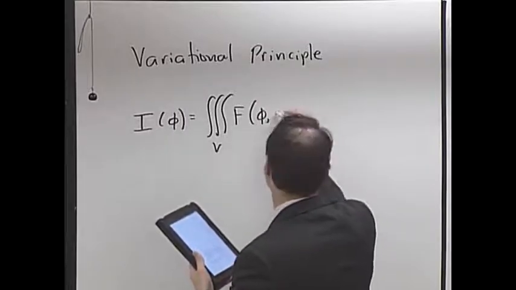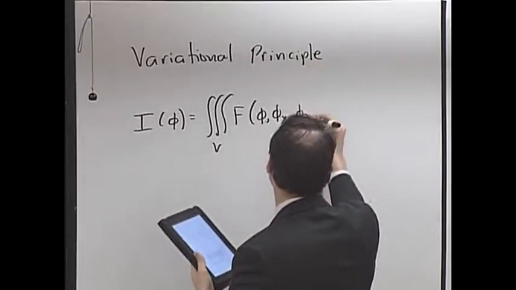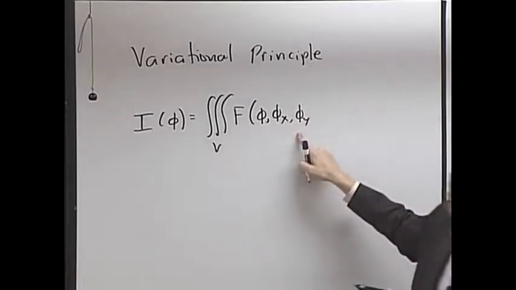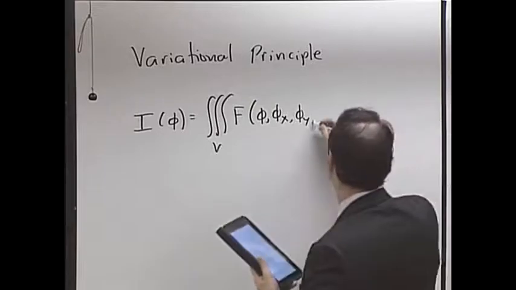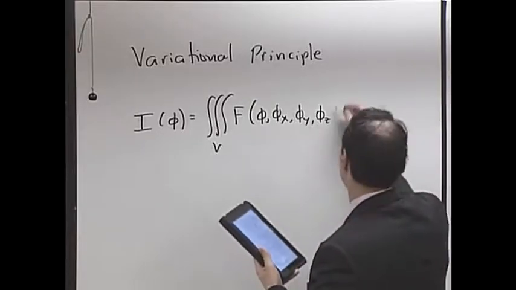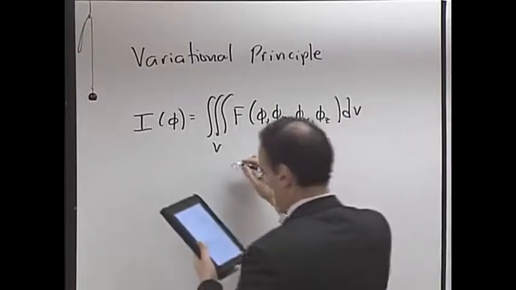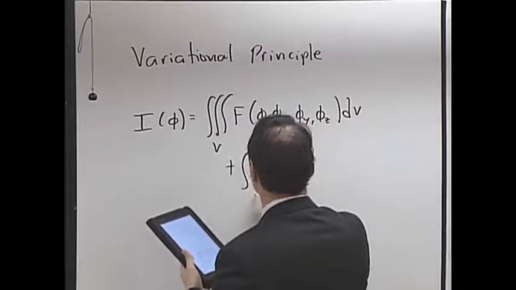And I'm going to break down some function here. And when I use subscripts, they'll denote partial differentiation with respect to that variable. Okay? Here's sort of a general way to think about writing this.